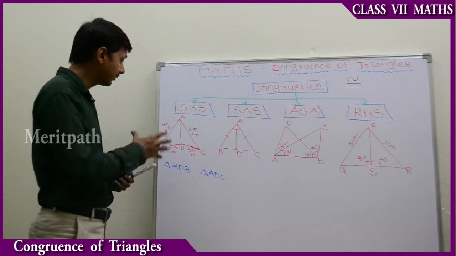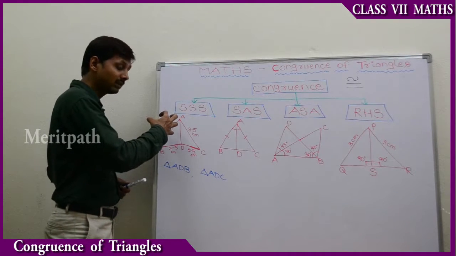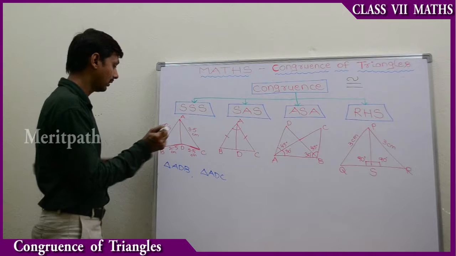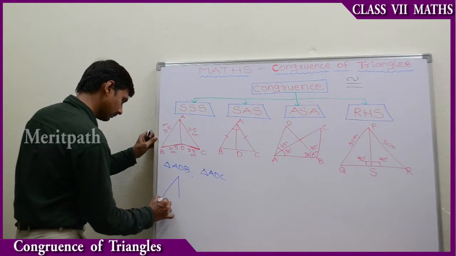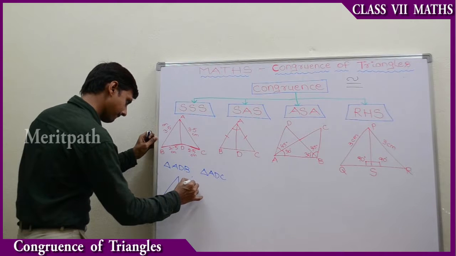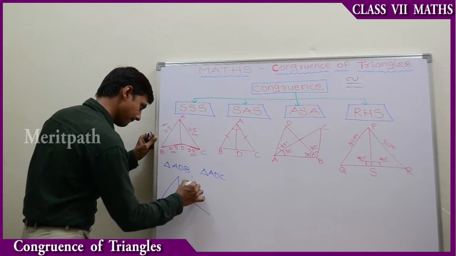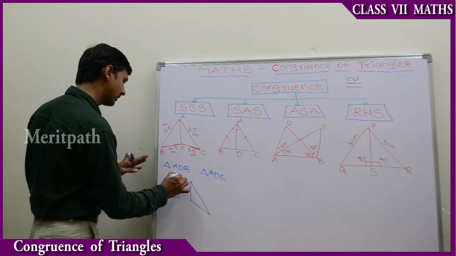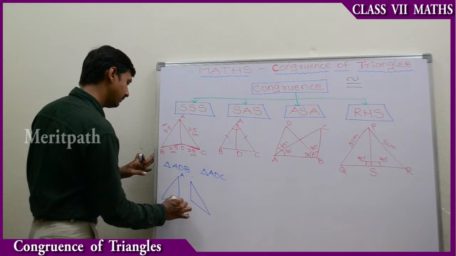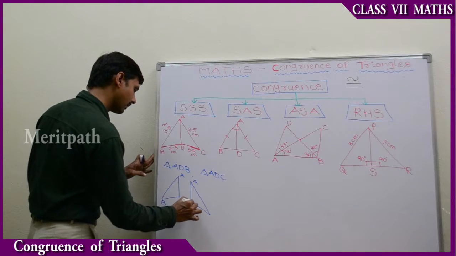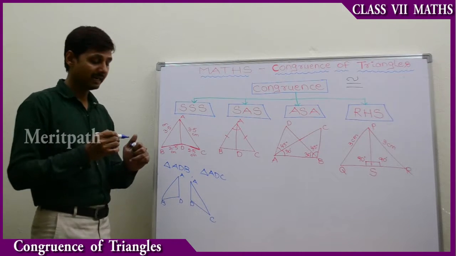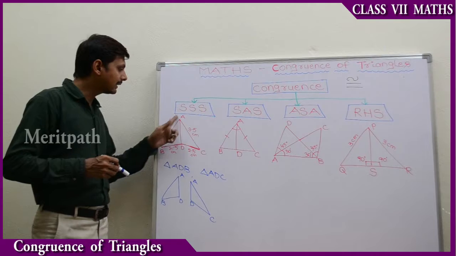So let's draw these two triangles separately. This is triangle ADB and this is triangle ADC, and we can observe that AB and AC are equal.